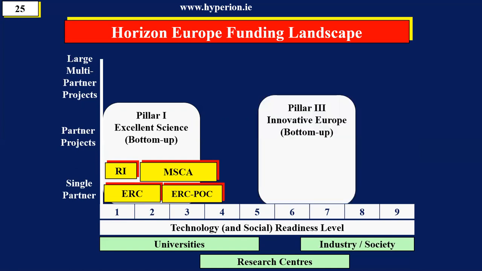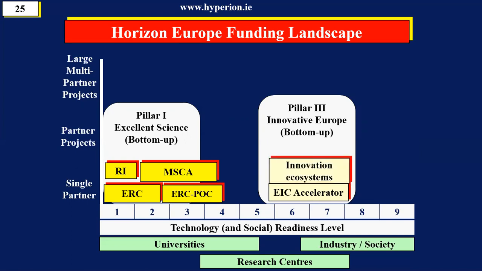It appears that Pillar 3 is more relevant to industry, which is true in the case of EIC Accelerator. So here's an opportunity for small companies to get funding on their own to scale up a technology. Innovation ecosystem is about developing support systems for entrepreneurs. And EIT is about developing the entrepreneurial skills of researchers.